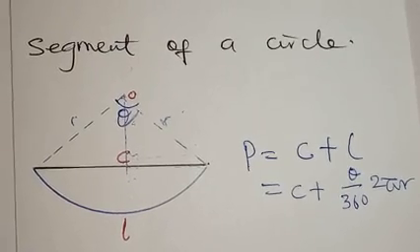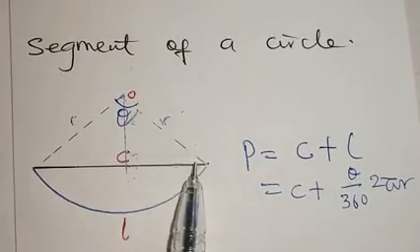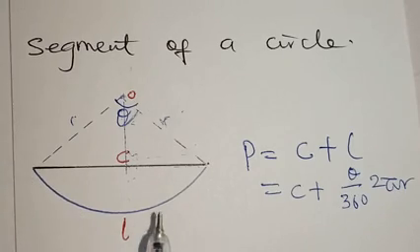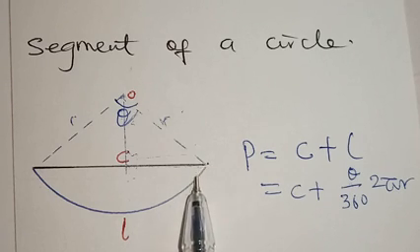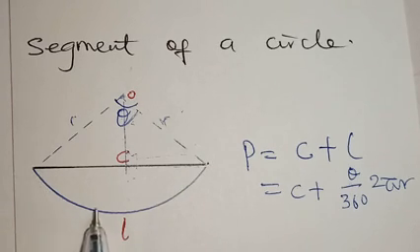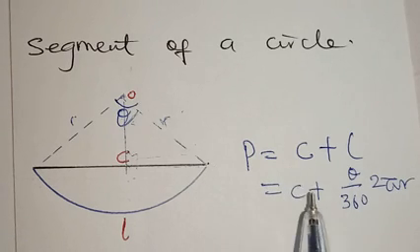And finally, to find the perimeter of the segment of a circle, the formula is simply C, which happens to be the chord, plus L, which happens to be the length of the arc. You just add up, and whatever you have is your answer.